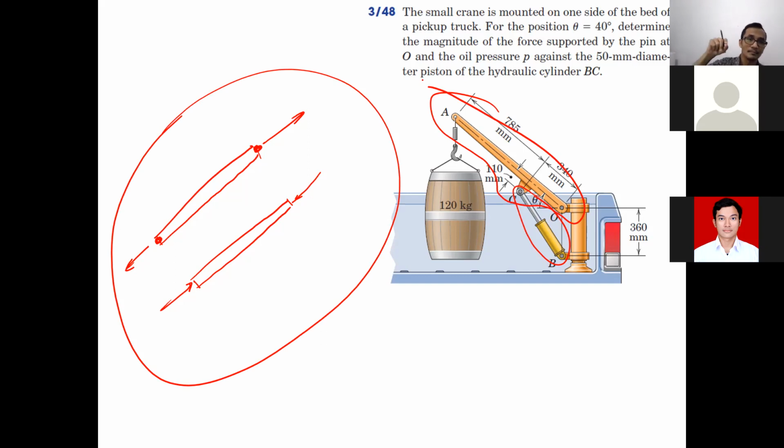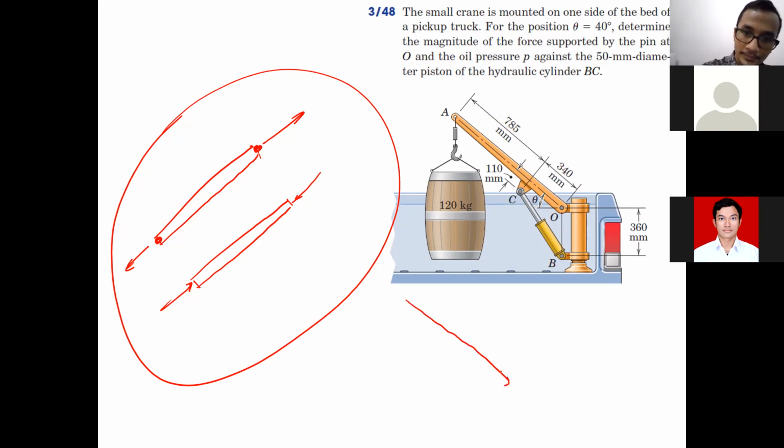but sometimes in the middle we have another external force like this one, like the AO member, the ACO member. If you draw it, there is a force like this, then at C there is like this.